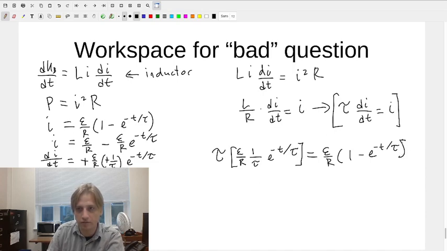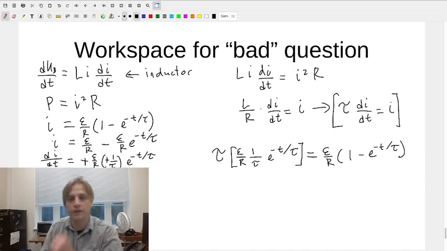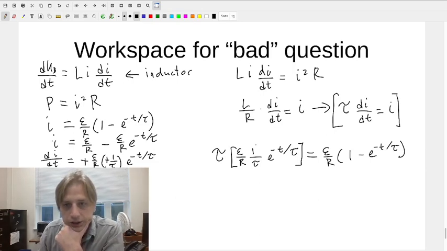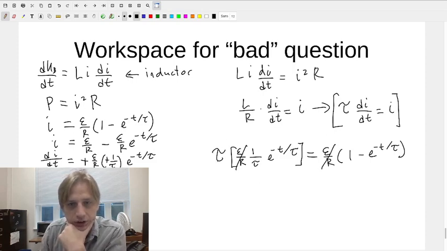Okay, right now things are going to start canceling out. I can divide each side by epsilon over R, and those cancel out. Here my tau's cancel out.